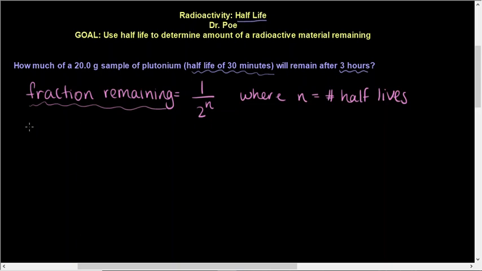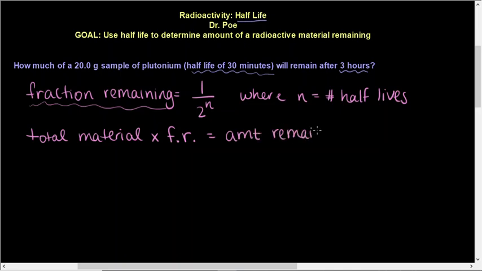You would need to take the starting material, the total material, times the fraction remaining, and that's going to equal the amount remaining. If you just do the fraction remaining, that's not the whole thing. In this example, n equals 6.